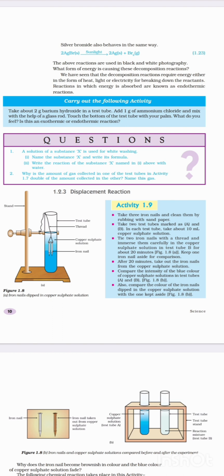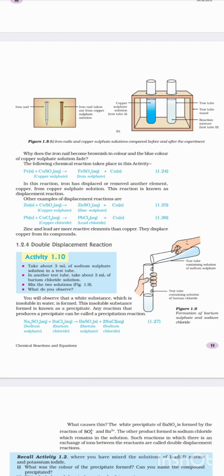Why? Because iron has displaced copper from copper sulfate solution, since iron is more reactive than copper. So why does the iron nail become brownish and the blue color of copper sulfate solution fade? Because this reaction takes place.